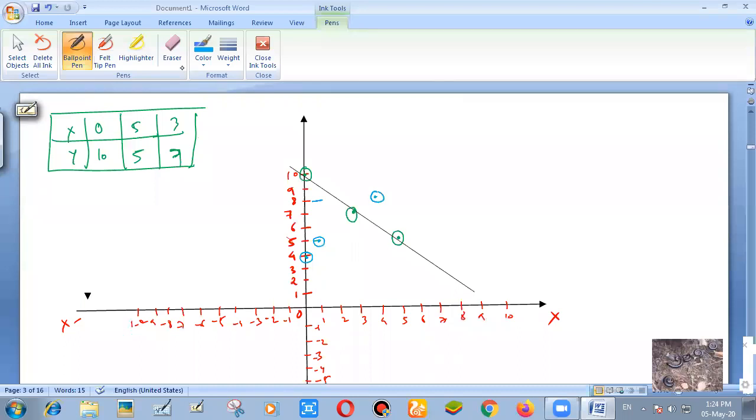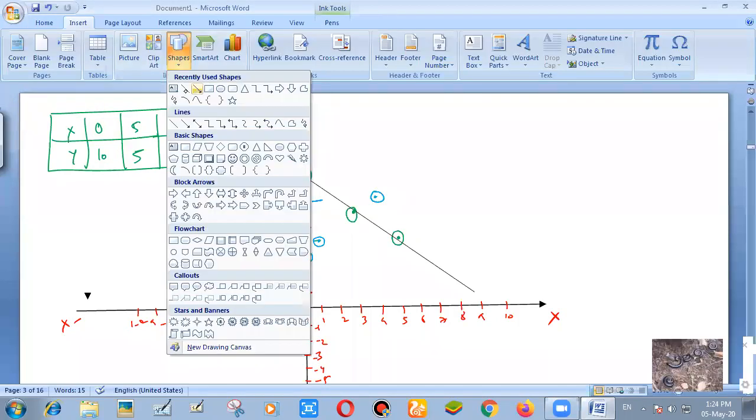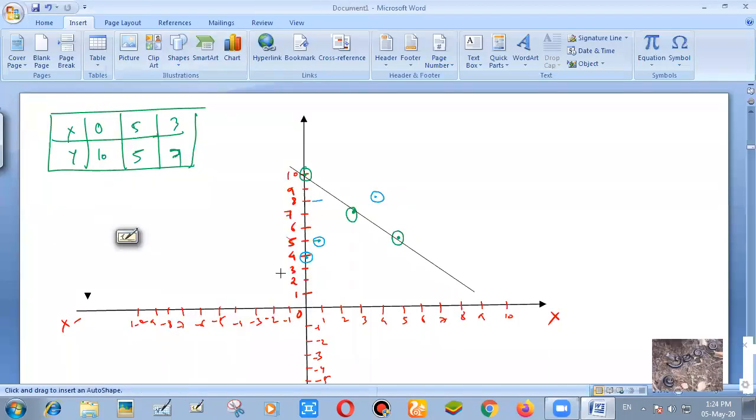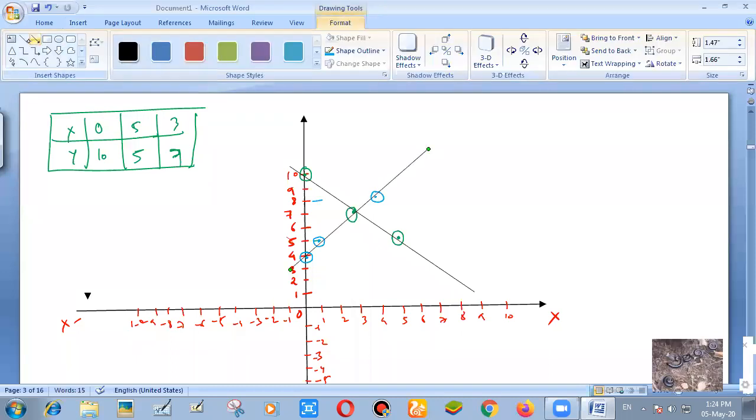Now if you join the points, now see, these 2 points will join and intersect on this point.